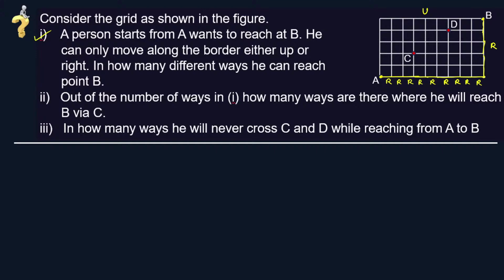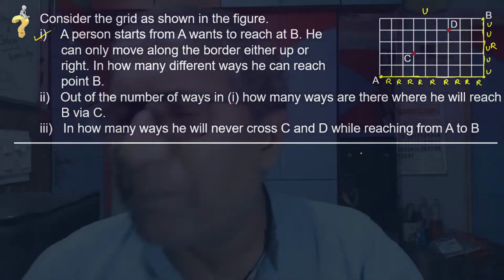Then after reaching this point, the person is moving up, and up. And now he has reached the point B. This is one of the total number of ways that we are going to calculate.